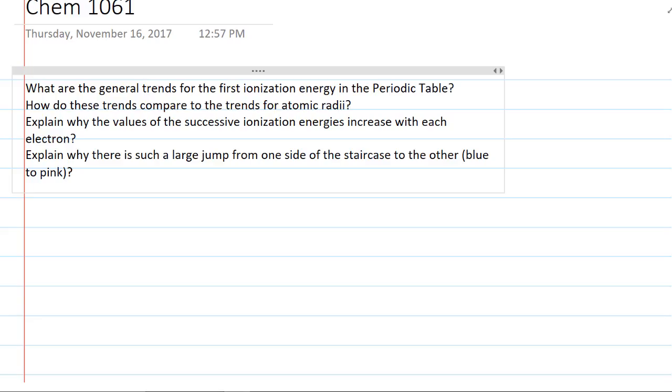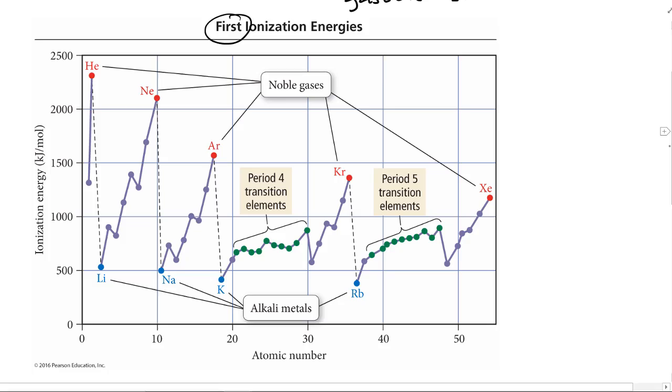And as far as the diagrams go now, let's look at the diagrams. Here's what the table for the first ionization energies looks like. So take a look at the first question, analyze the data, talk with a neighbor here, see if you can answer your first question, which is, what are the trends? And I guess the second question is, how do these trends compare to the atomic radii?